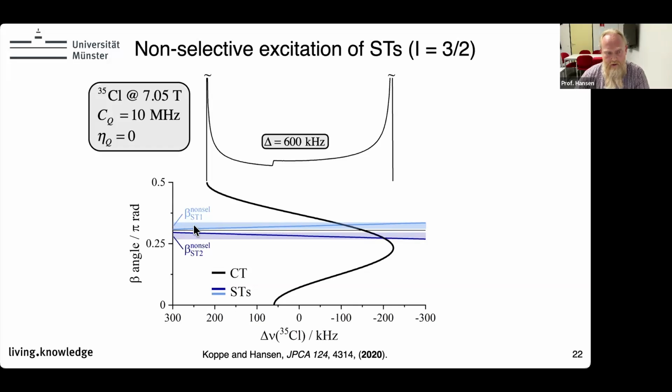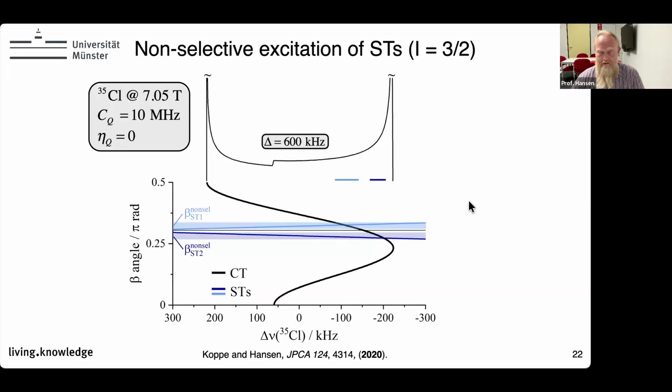If you look at the projection onto the line, you can see that you have non-selective excitation in exactly this bandwidth, given with this blue line here, for both of these. So you can have some leakage when you're looking at your central transition.